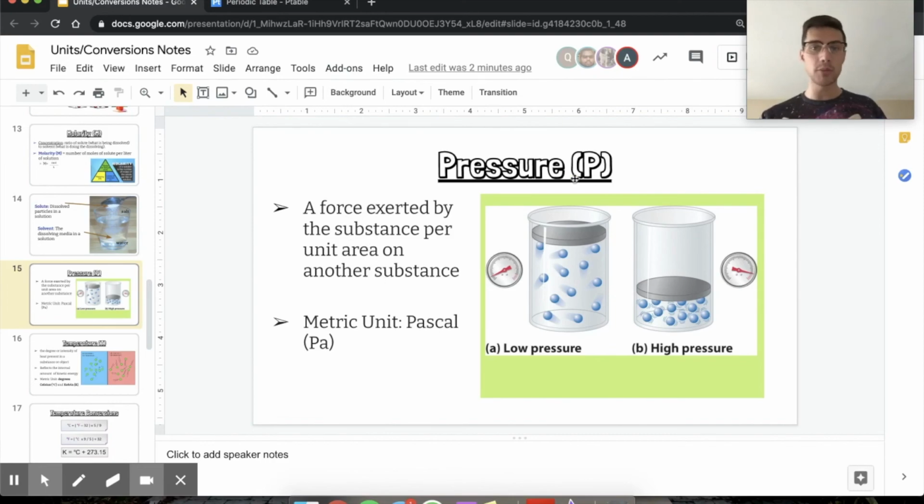Now, again, we'll talk more about this once we get to gas, but just notice that more molecules in a smaller space creates a greater amount of pressure on this piston than it does when there's lots of space, right? Imagine having a sandwich bag full of air and just leaving it on the counter versus what happens when you push your hand down on the plastic bag. Imagine it's sealed.